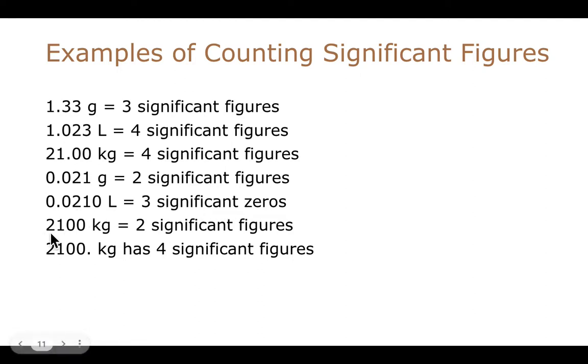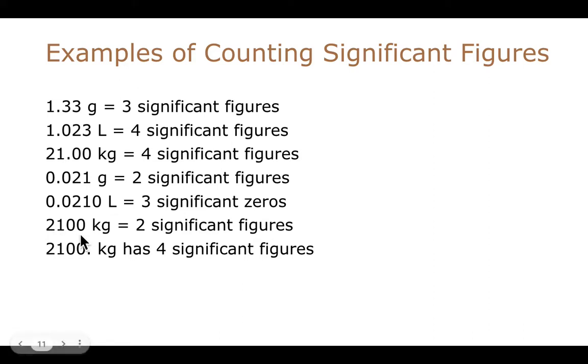Finally, we've got these 2. Now, they look the same, but they're not. Notice this one has 2 and this one has 4. This one has a trailing final 0 and no decimal place. It really is holding a place. If you look at this, we have to write 2,100 with those 2 zeros.